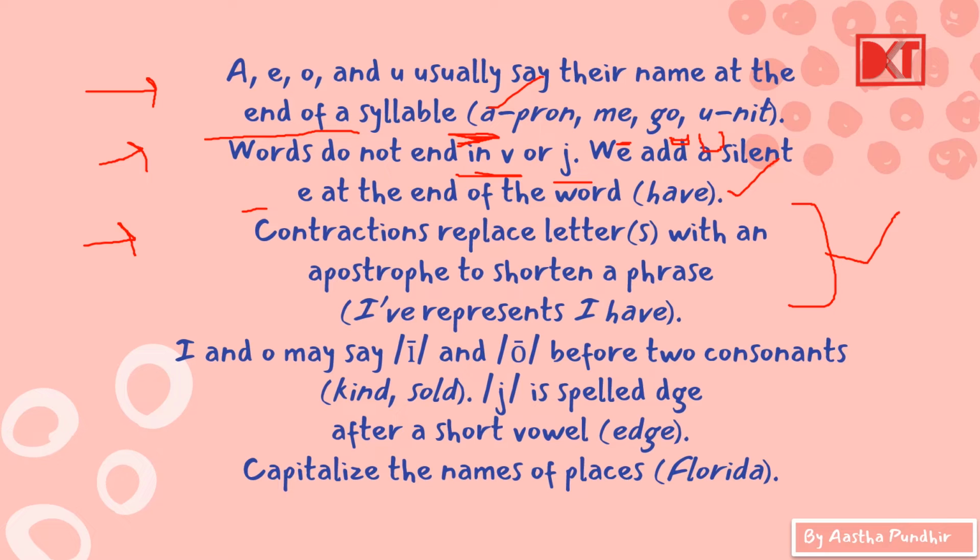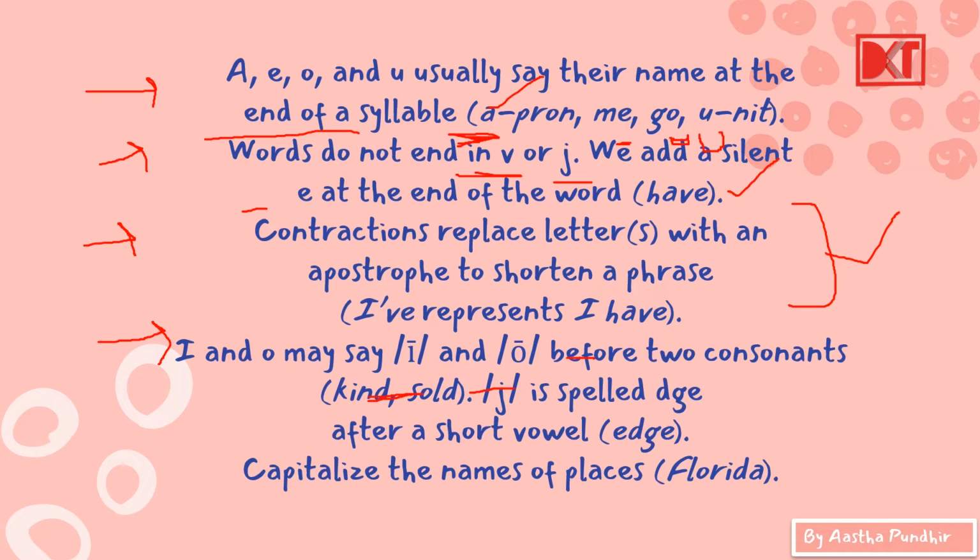It's a pretty easy rule. Then I and O, they may be long sounds before two consonants, like I की sound हो जाती है here in kind, like I, okay, and like sold में it's complete O, sold.